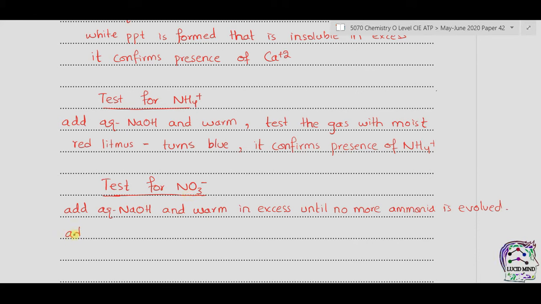We can add aluminum and warm. Then we can test the gas with moist red litmus, which will turn blue.